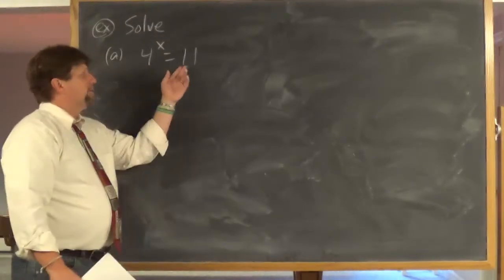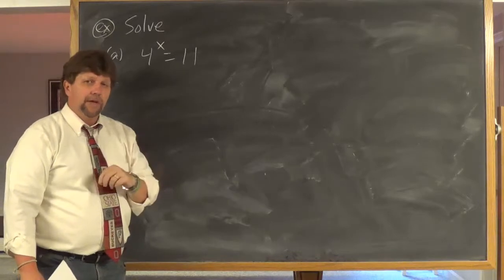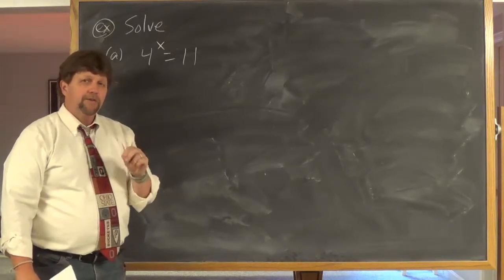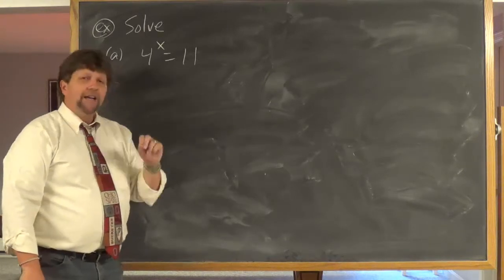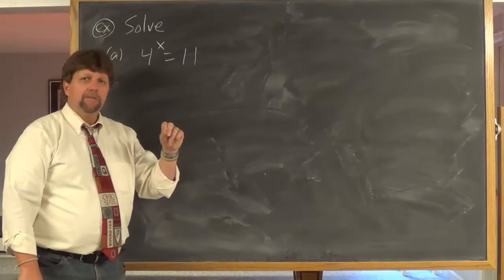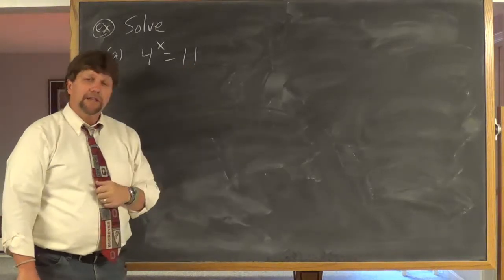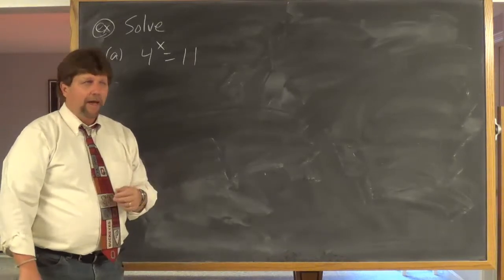Okay, if I could rewrite 11 as 4 to some power, I would do it and quickly use my preservation of equality of exponential functions. But I do not know 4 to what power. I don't know what that exponent is that would kick out a result of 11. I don't have that much free time on my hands. I just don't know that.